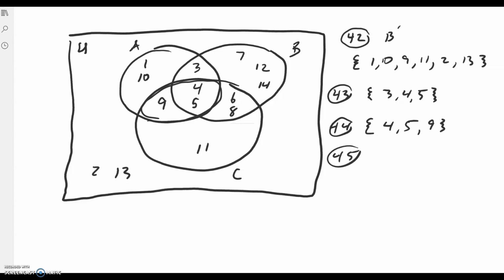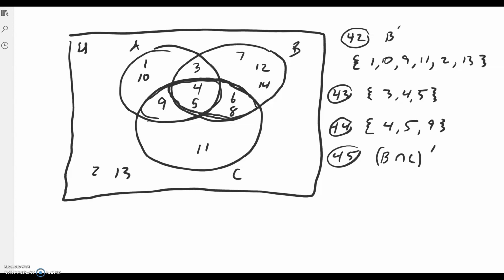Problem 45. It's a little bit more involved. It's the intersection of B and C and then its complement. And so where's the intersection of B and C? It's all these numbers in here. But the complement of these numbers is everything in the universe that's not those.